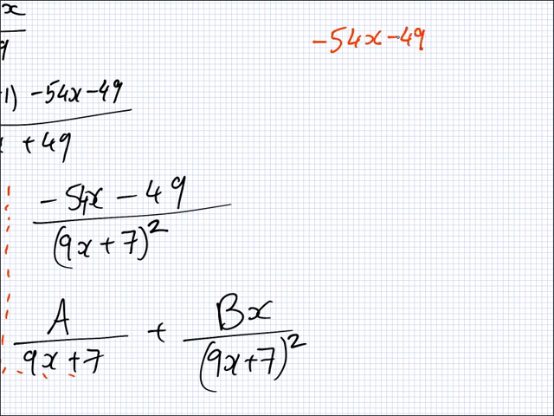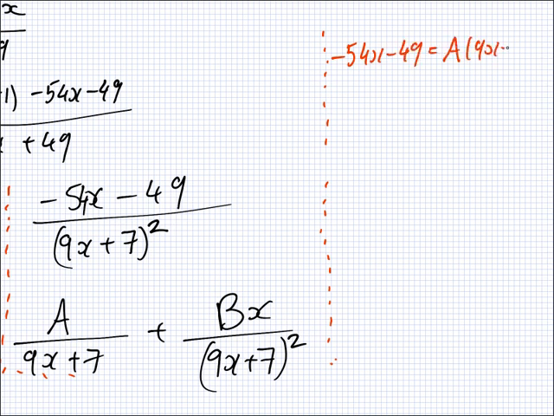Would people be okay if I just jump to the step after we multiply by the denominators? So what you remember in method 2, what you do is this is equal to this, and then you multiply everything by the denominator, which is 9x plus 7 squared. So you would get minus 54x minus 49 equals a times 9x plus 7 plus bx.